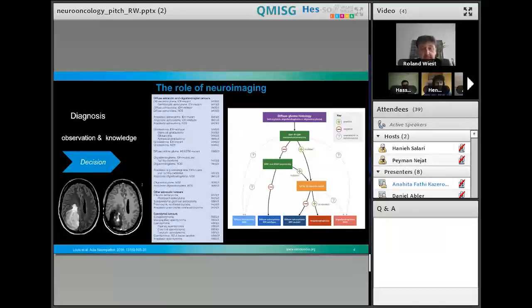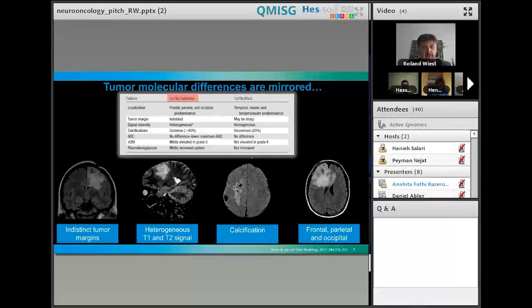And for us as clinical neuroradiologists, I don't want to bother you with this very busy slide, but I think the most important question here is, can we separate diffuse gliomas that are either wild type or mutated from the ones that are 1p19q co-deleted tumors, that means oligodendroglioma and diffuse astrocytoma, and how can imaging help in that decision? If we start at the very basics, then we discriminate the 1p19q co-deleted tumors and the 1p19q intact diffuse gliomas on different visual features.